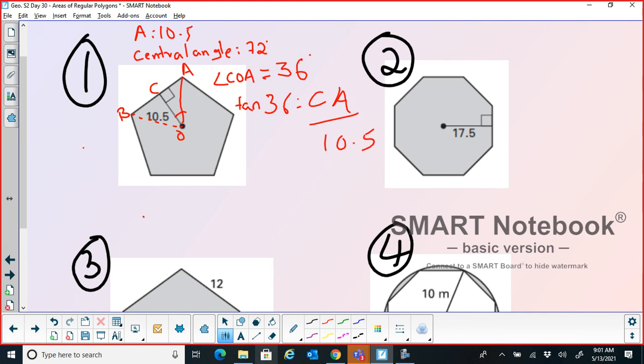I can find CA because I can multiply by 10.5 on both sides. So CA is tan 36 times 10.5. If I perform that in the calculator, that will give me 7.629. I'm just rounding here itself, so I get CA as 7.629.